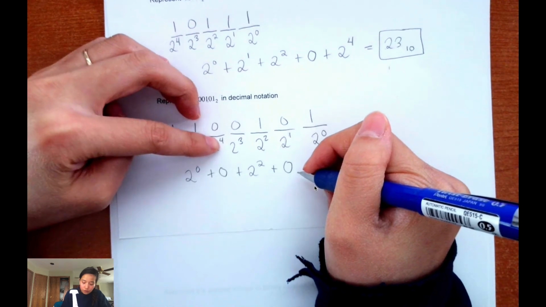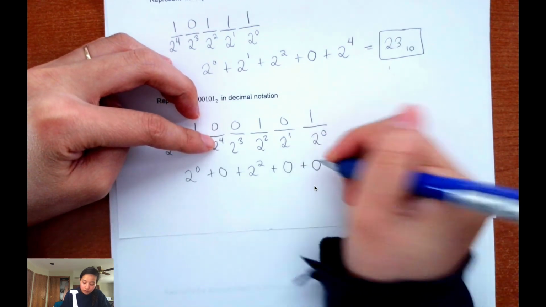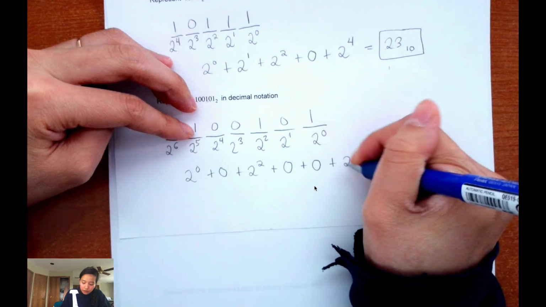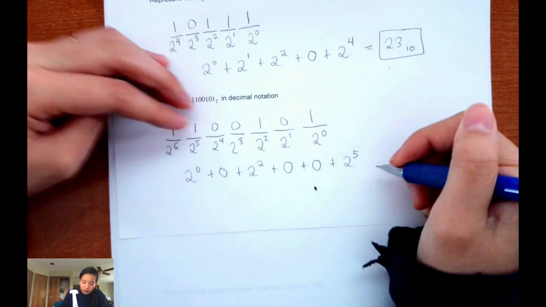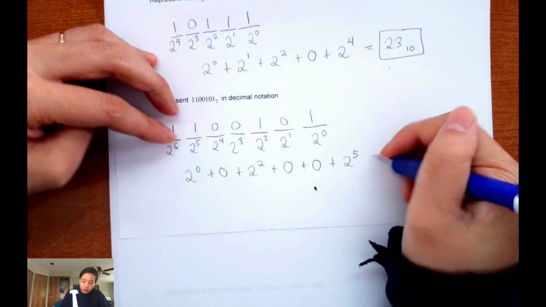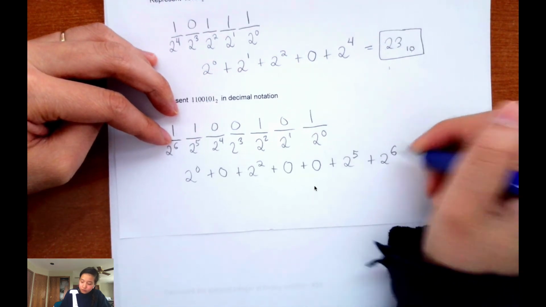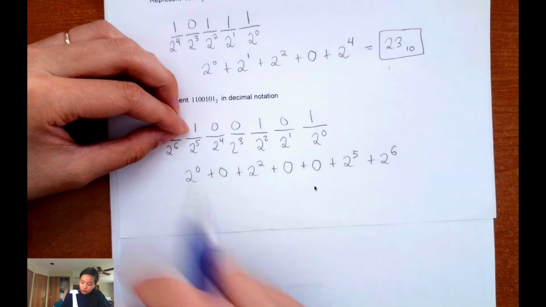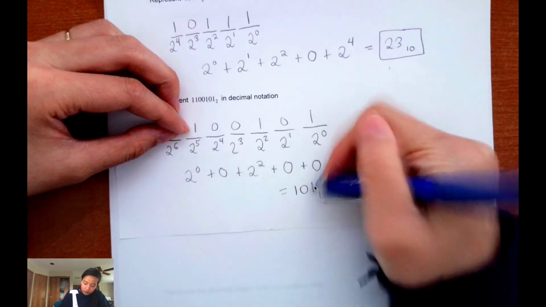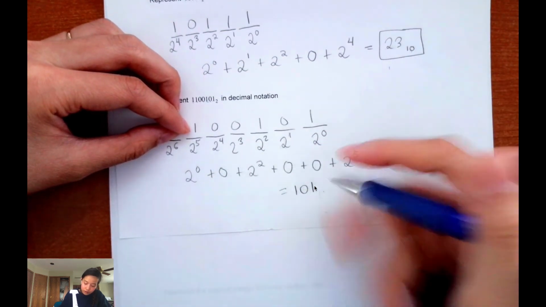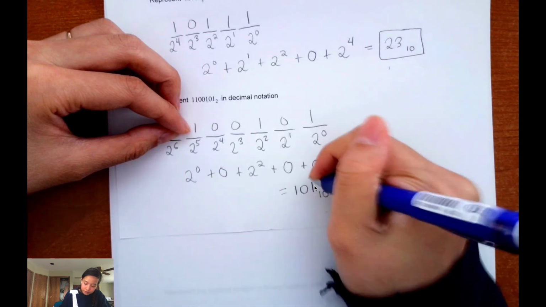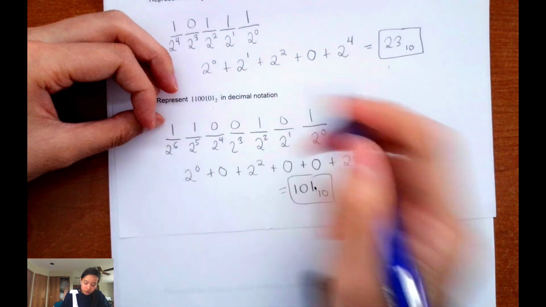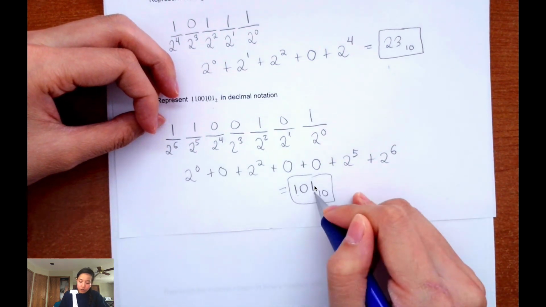And then 2 to the fourth times 0 is 0. 2 to the fifth power times 1 is 2 to the fifth, and then I add 2 to the 6 times 1, which is 2 to the 6. And then I add all of these numbers up using my calculator. I get 101 in base 10. So 1100101 in base 2 is equal to 101 in base 10.